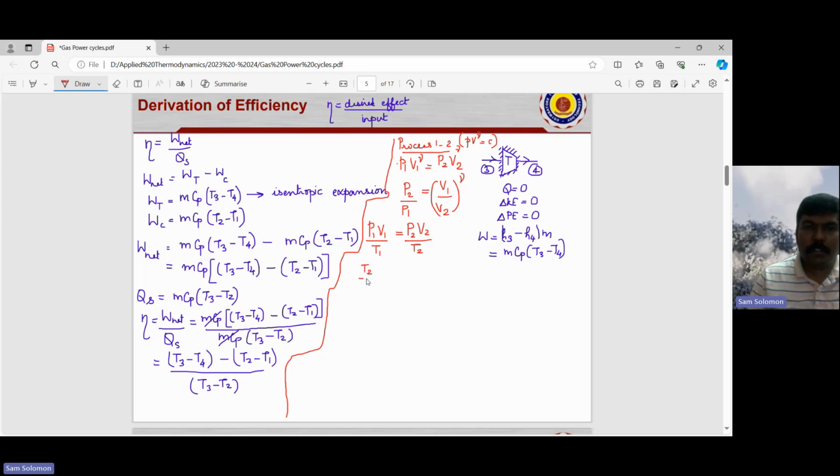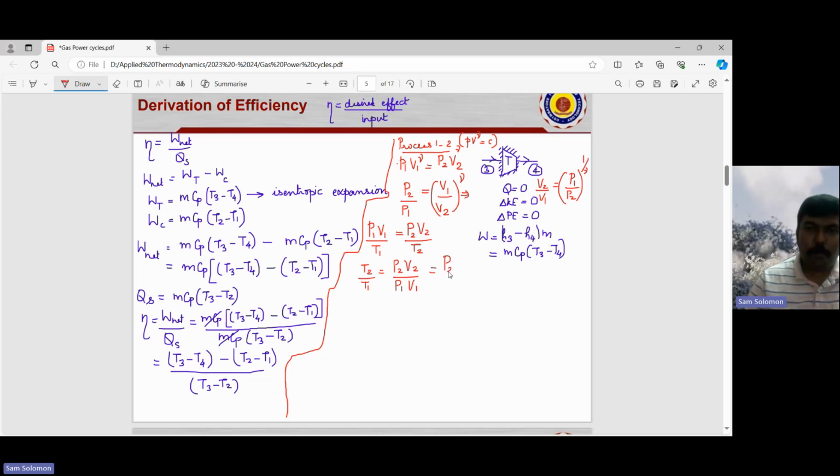If I try to find an expression for T2 by T1, that is going to be P2 V2 by P1 V1. So let's do this for V2 by V1. V2 by V1 is going to be equal to (P1 by P2) to the power 1 by gamma.